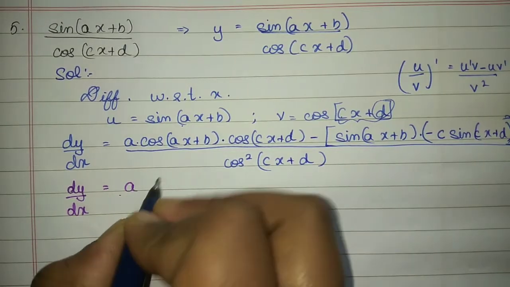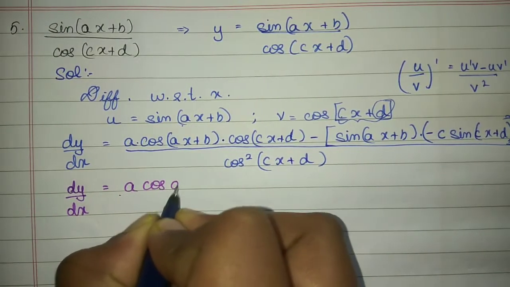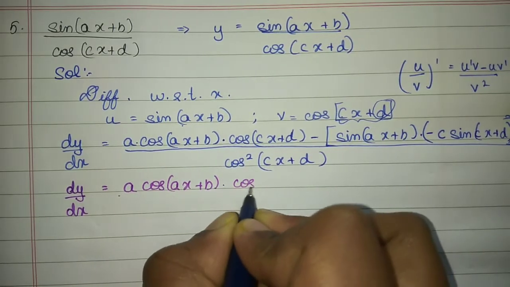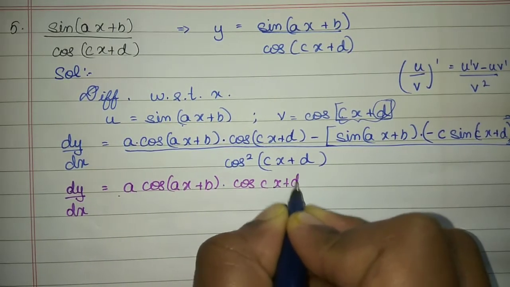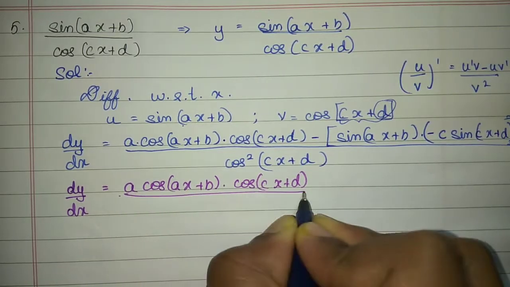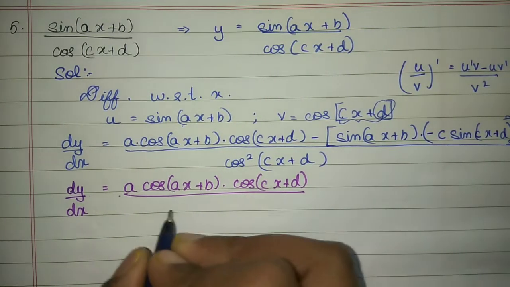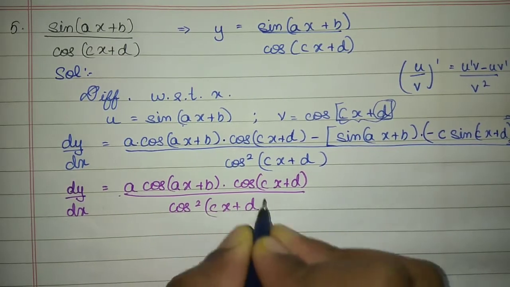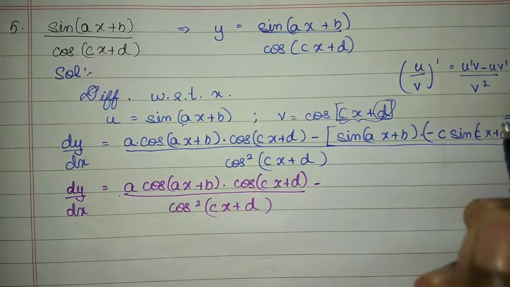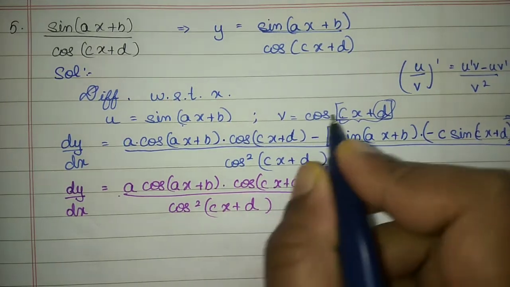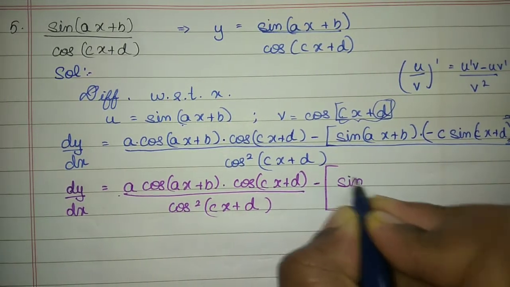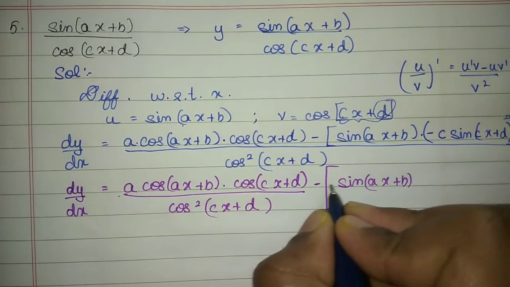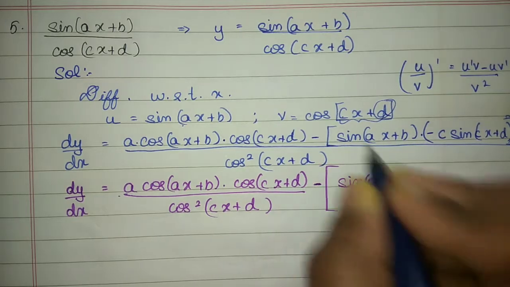That is a into cos ax plus b into cos cx plus d divided by cos square cx plus d, minus, so let this be as it is. So sin ax plus b, so let me have it as plus itself, since my minus into minus is plus.